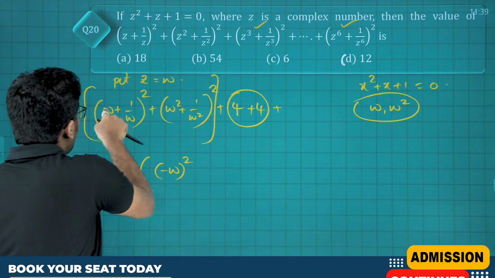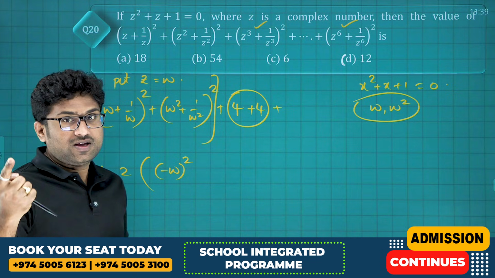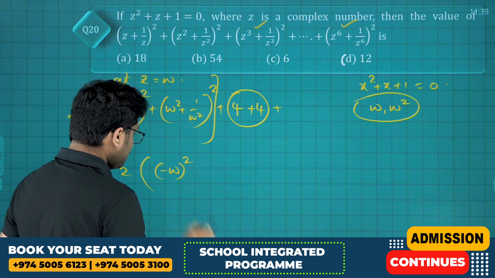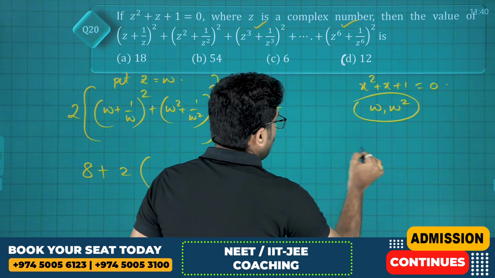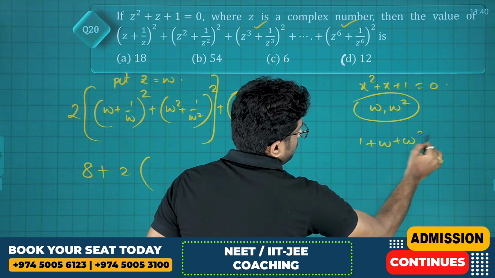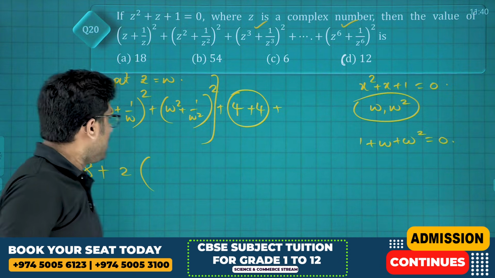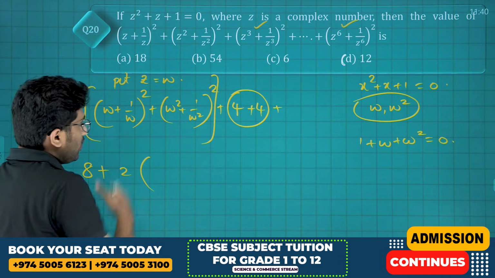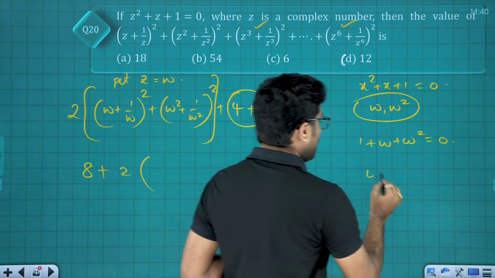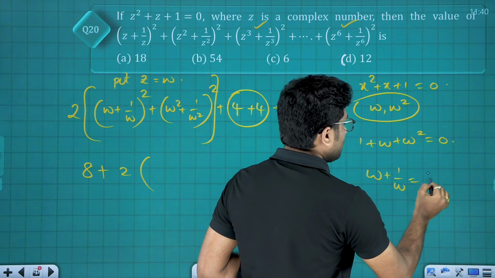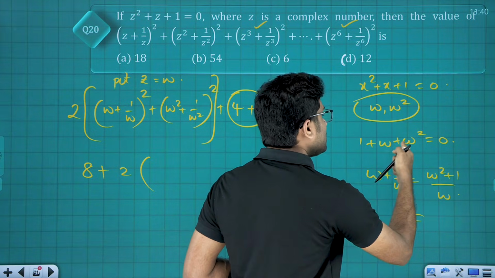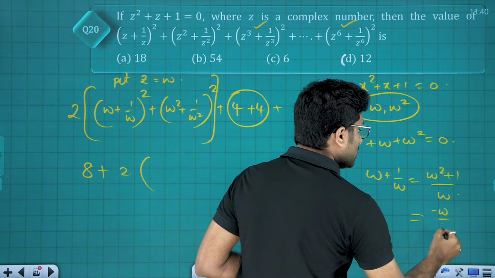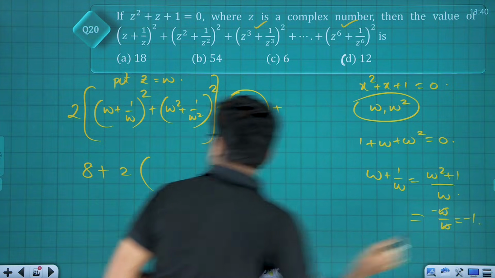Are you getting me? Omega into omega is omega square. 1 plus omega square is equal to 0. Now omega plus 1 by omega is nothing but omega square plus 1 by omega. Omega square plus 1 is minus omega. So minus omega by omega is nothing but minus 1.